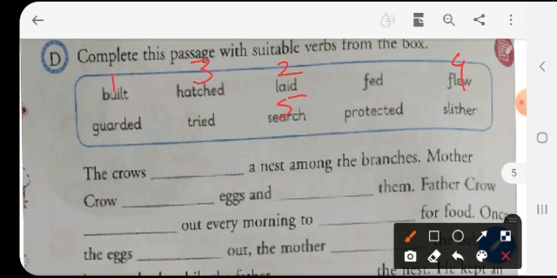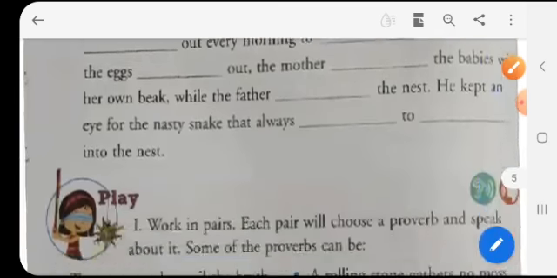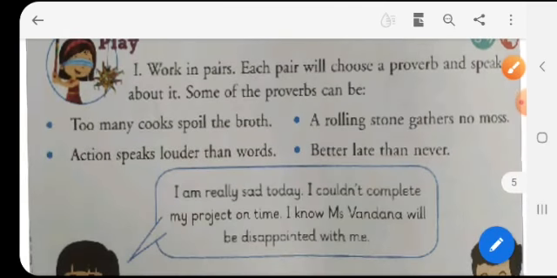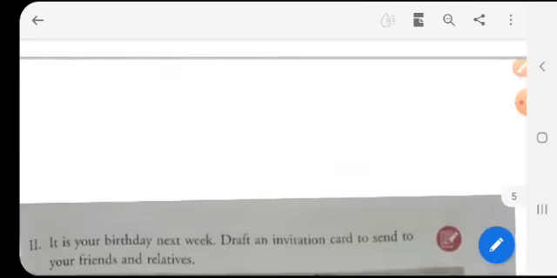Once the eggs hatched out, the mother fed them. In this way you will do all the sentences.